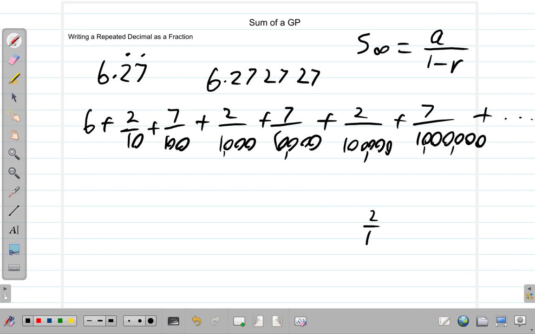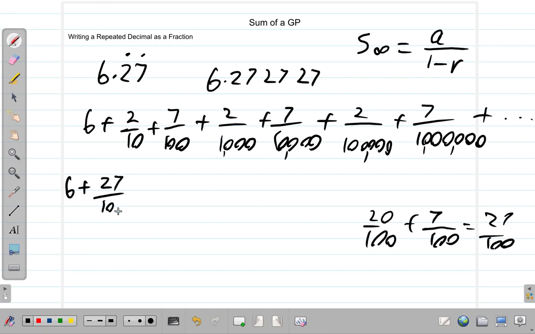Let's use common denominators, this is 20/100. So 20/100 plus 7/100 gives you 27/100. Alright, so it's 6 plus 27/100 plus, what about this now?